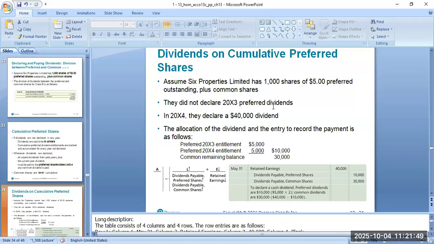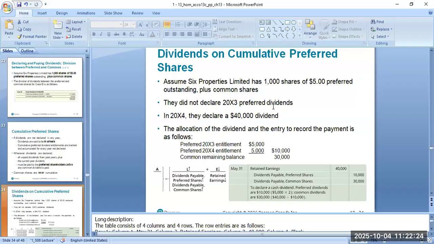First, we're going to give the preferred shares all the dividends from the previous years which they haven't received. Is there any year from before in which preferred shares did not receive the dividend? Yes, in 2023 the dividend was not declared, so preferred shares are going to get the dividend for 2023. Second, preferred shares are going to get the dividend for the current year, 2024: another $5,000.